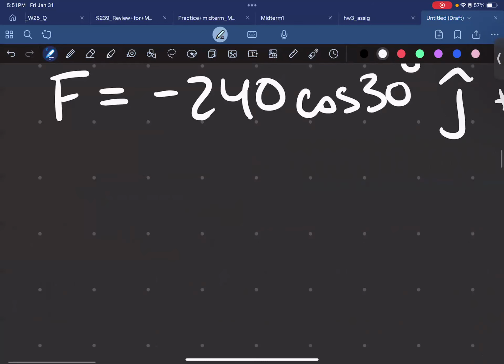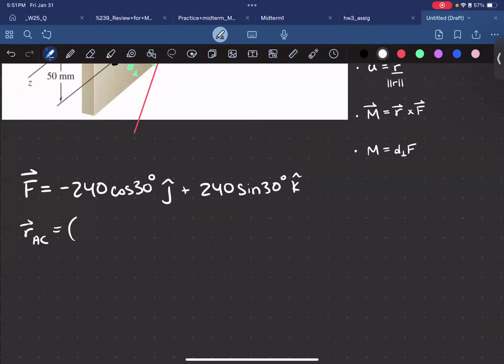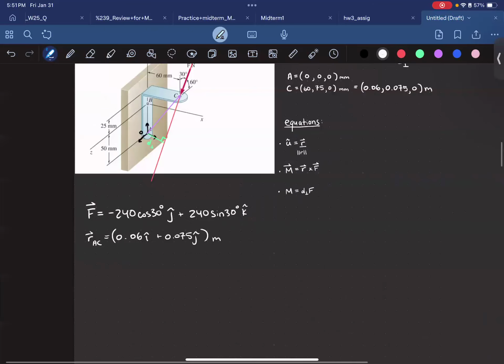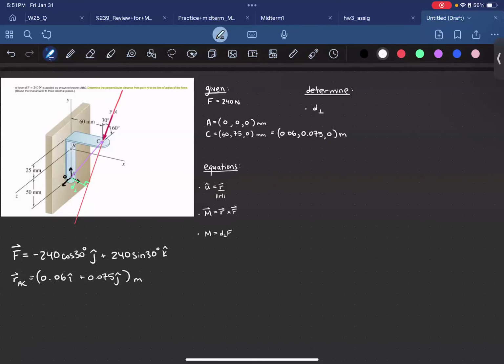So we also know that r_AC is equal to 0.06 I plus 0.075 J, and that is in meters. Okay. So now, with that information, we can use our moment equation using a cross product to find the moment about A.